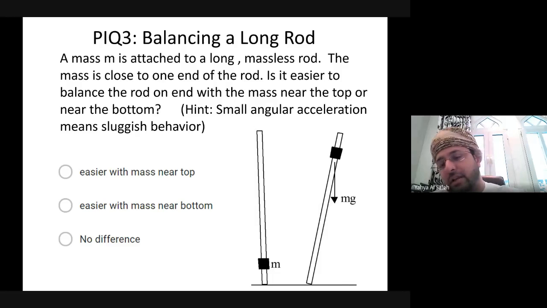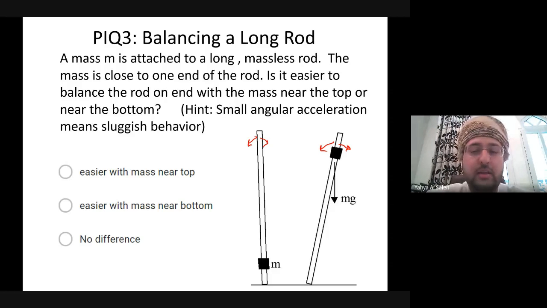So if it's down here and I push it a little bit to one side, and if it's up here and I push it a little bit to one side, which one will be more stable?